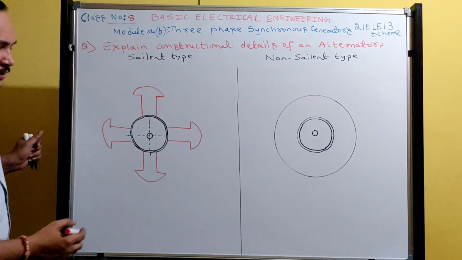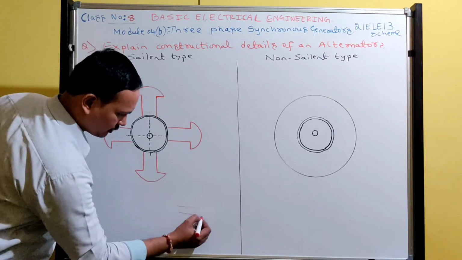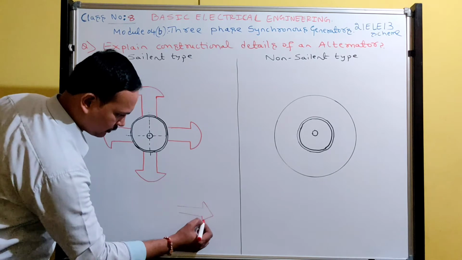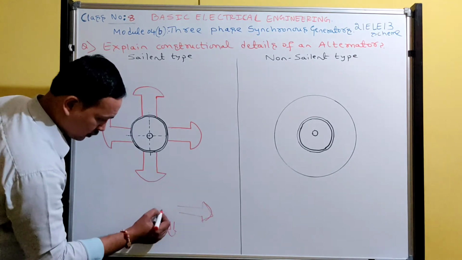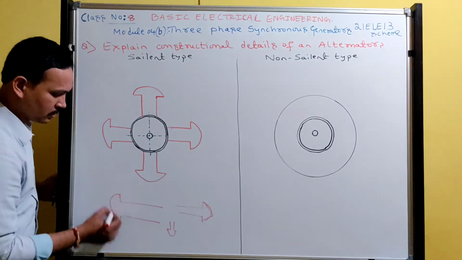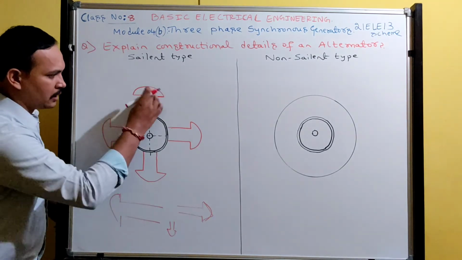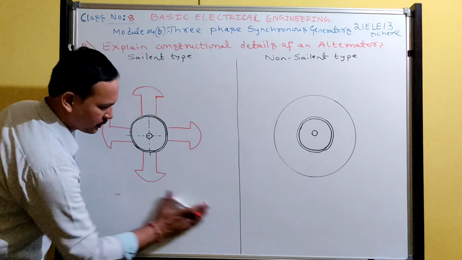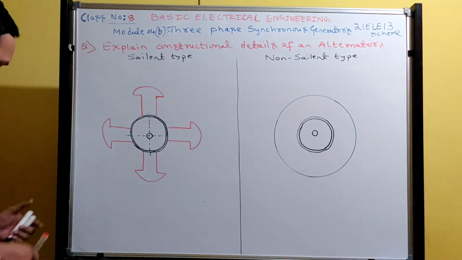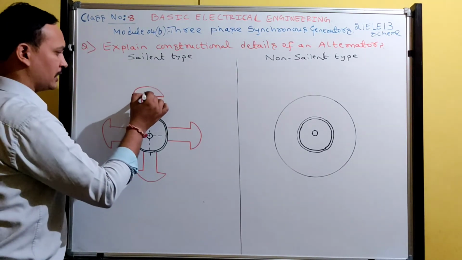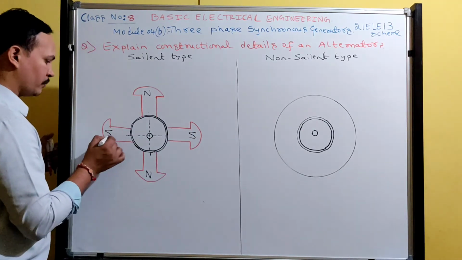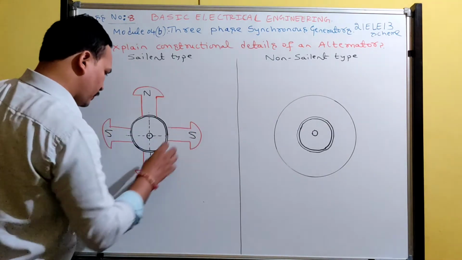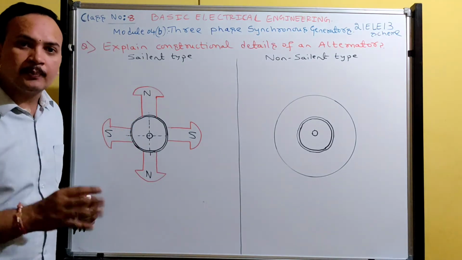Write like this. Don't write like this, with one bigger pole and another smaller, and one more very much bigger. Write them at almost equal distance. So these are poles. Let me take this as north pole, south, north, and south. These poles are called projected poles.